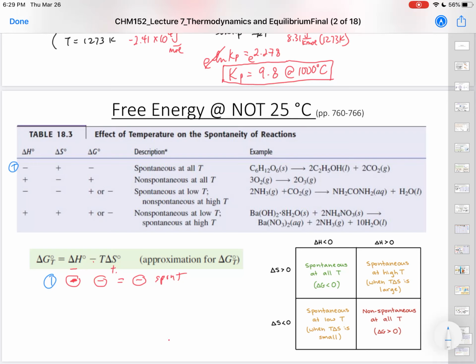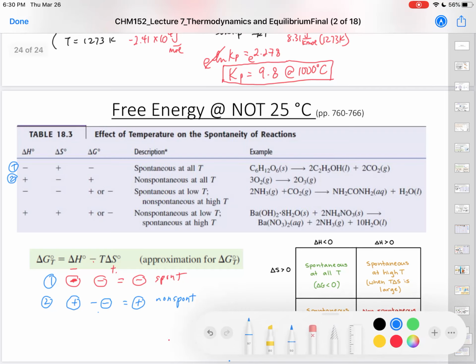Let's do the second example here. The second one says, if this is positive, and you subtract a negative, because this is negative, then this becomes plus and plus, so this becomes plus.